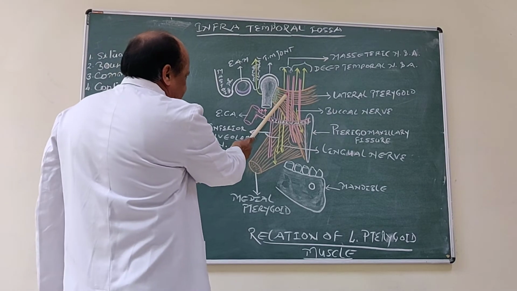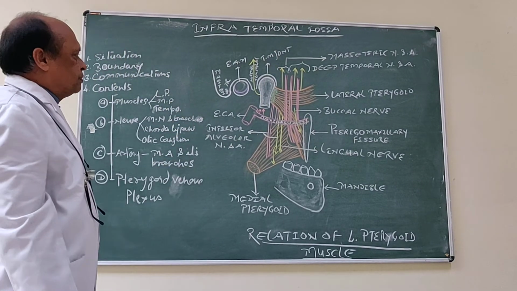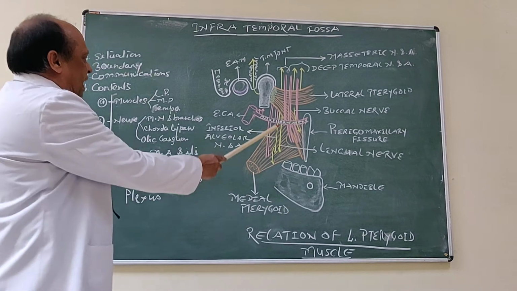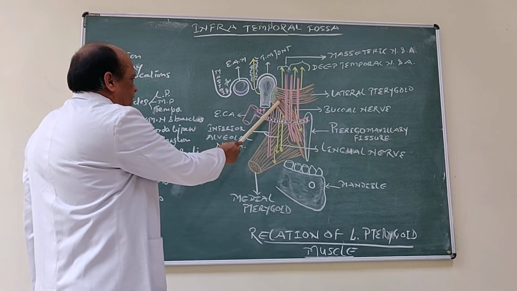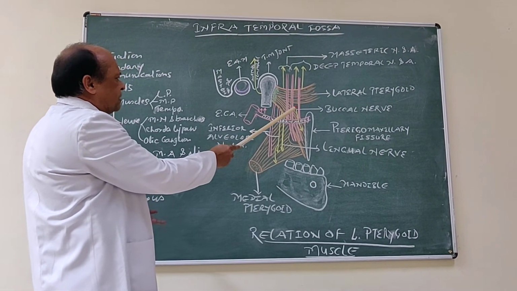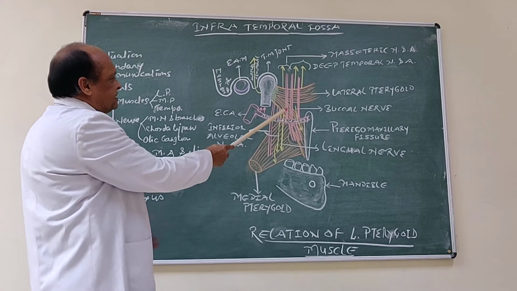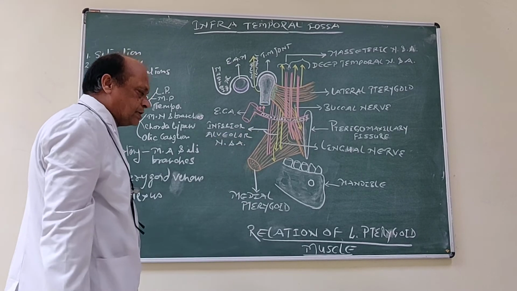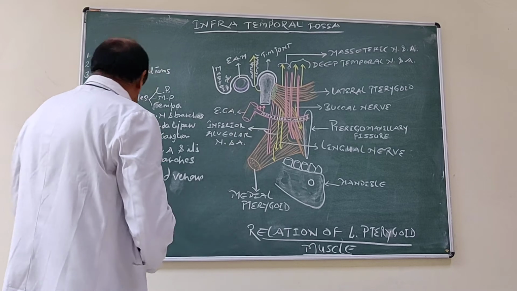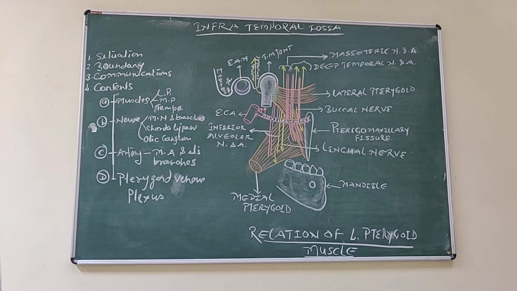Now look at this. This muscle is a key muscle of the infratemporal region, and therefore every structure in the infratemporal region can be described in relation to this lateral pterygoid muscle. Look at the superficial relation.